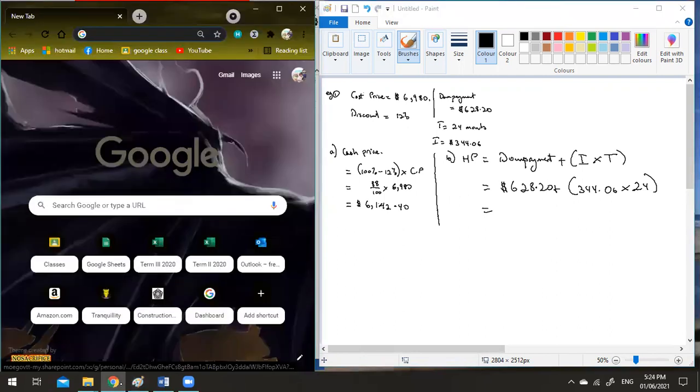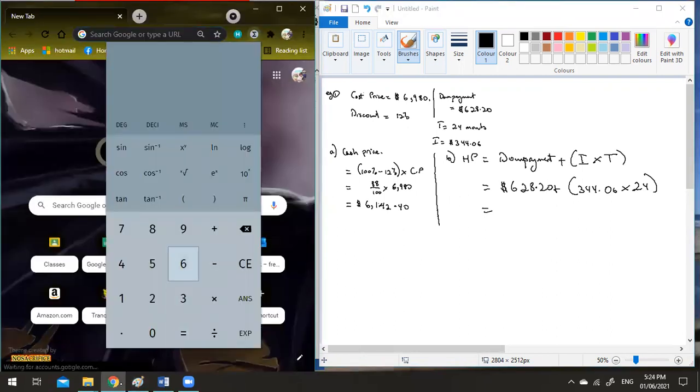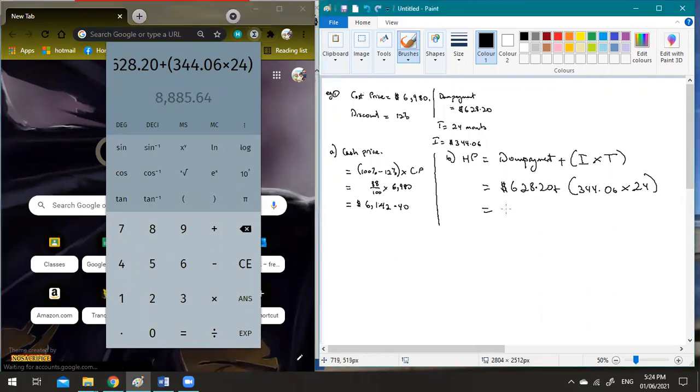So again, you could pull it up and work it in the calculator in one step. So 628.20, and where we see brackets, we put the brackets, add 344.06 multiply by 24, close your brackets, hit the equal sign. So the value of the TV on hire purchase would have been $8,885.64.